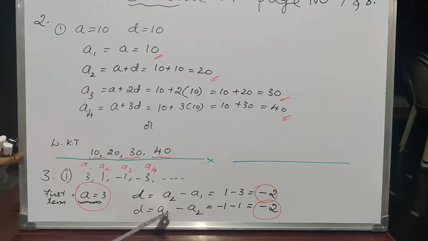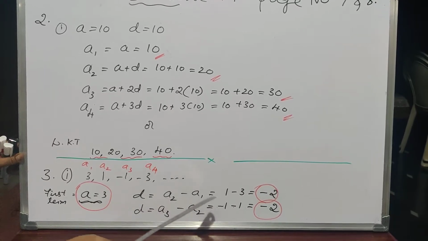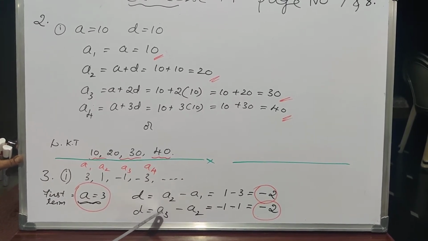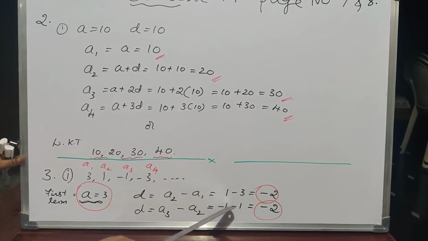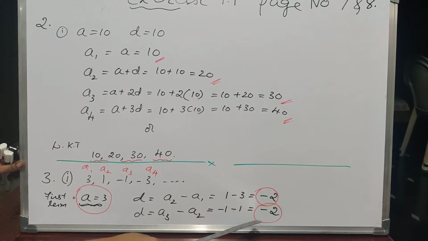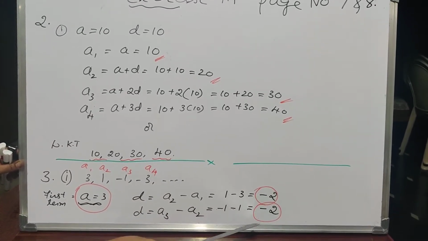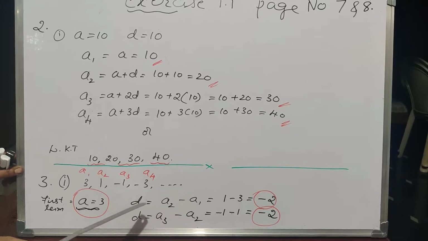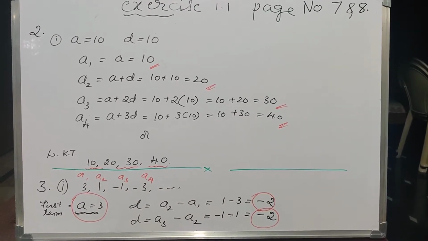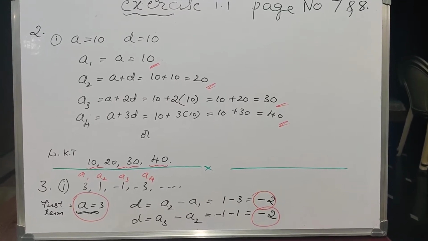In the problem itself, the A3 value is -1, A2 is 1, but we are subtracting A2 from A3. Therefore, -1 minus 1 is equal to -2. Therefore, the common difference D is equal to -2. If we take A4 minus A3, we will get -2 only. Remaining 3 problems, solve yourself.